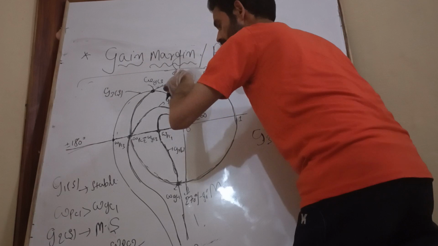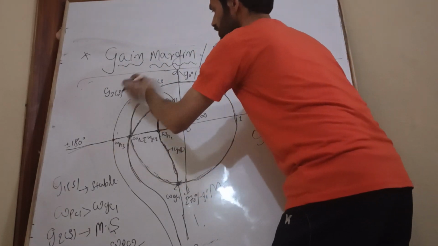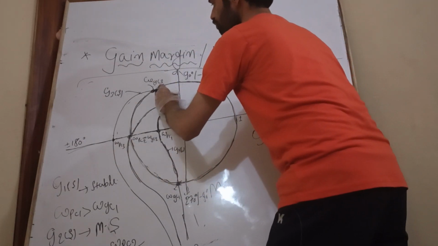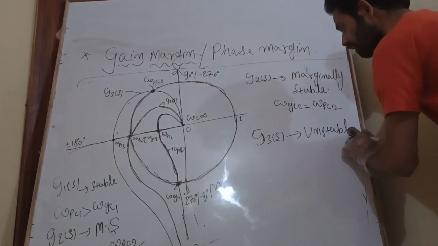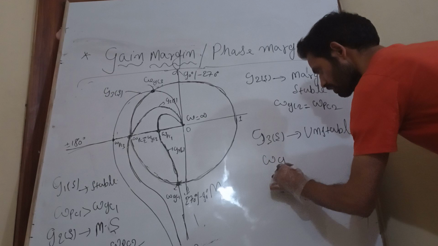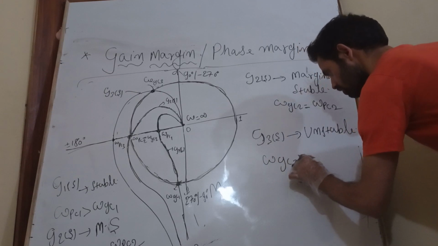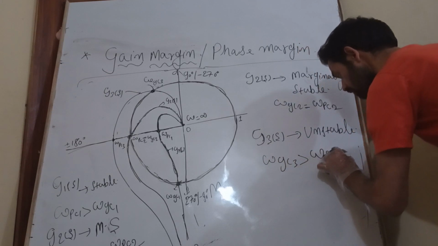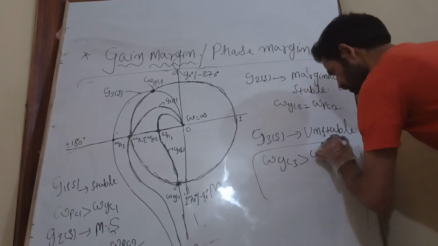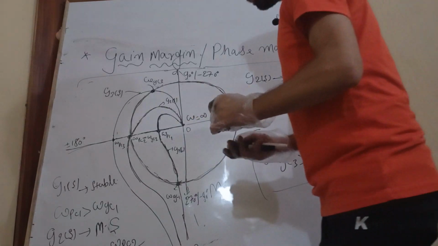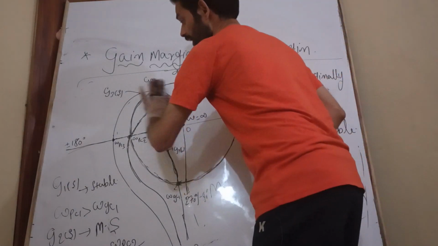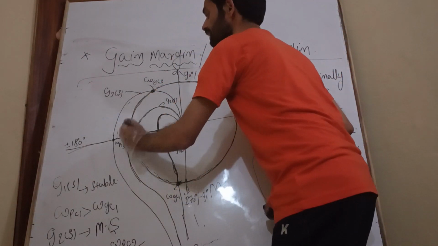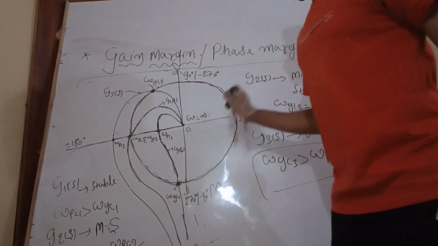The other way is just seeing which frequency is greater: omega GC3 is greater than omega PC3. So this is an unstable system, and it is cutting the real axis beyond the unit circle.